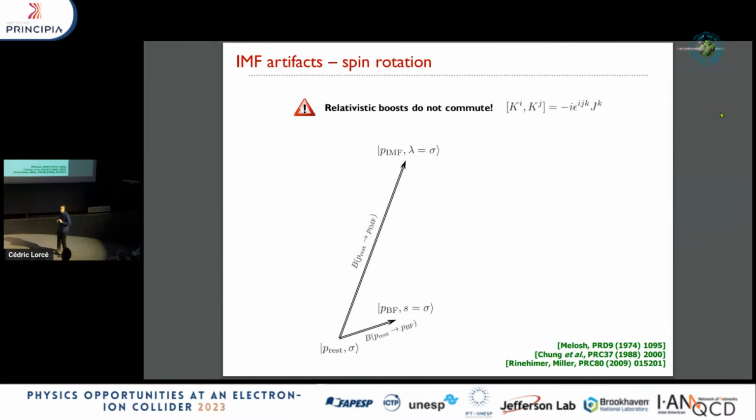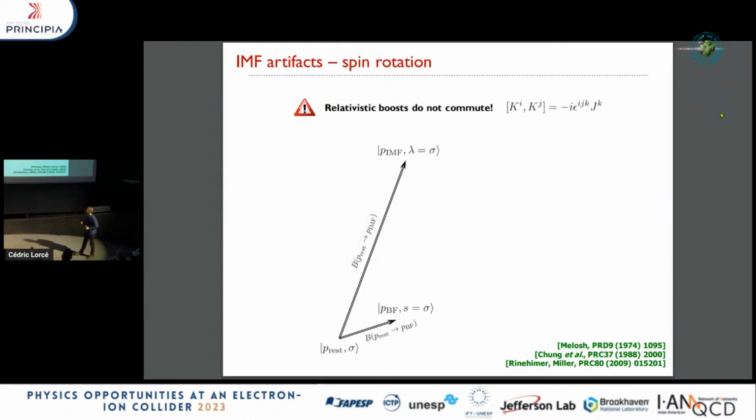There's another piece of physics where we have less intuition, which is the Wigner rotation that was also mentioned yesterday. We have no ambiguity about what we mean by spin for a system at rest. The problem is that we also have to define what we mean by the polarization or the spin projection for a system that is moving. So there is some convention to define this.